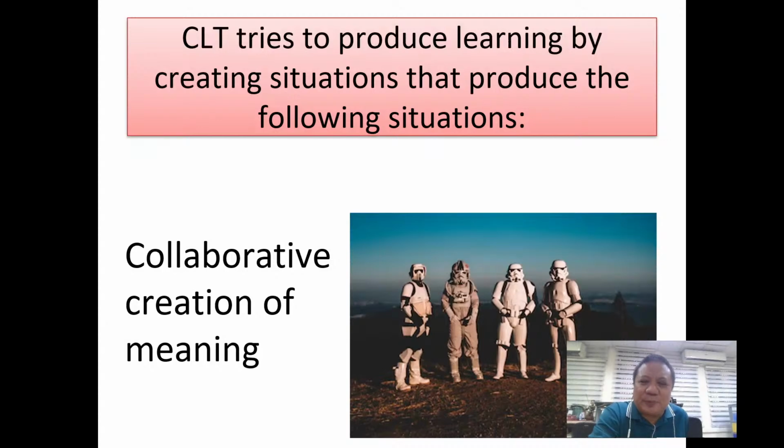CLT also tries to produce learning by producing collaborative creation of meaning. Okay, so the idea is you try to communicate with each other and you derive meaning from your discussion.